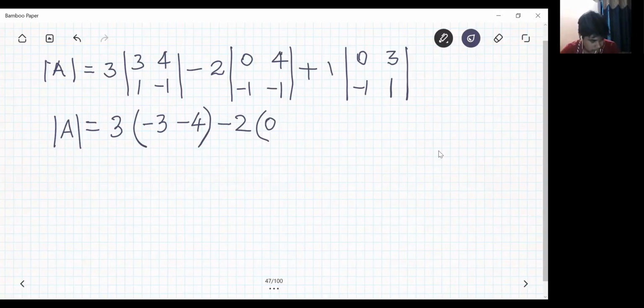There is a minus in the formula, so it becomes plus 4. Then plus 1 into 0 minus 3. There is a minus here and this gives minus 3, therefore it is plus 3.